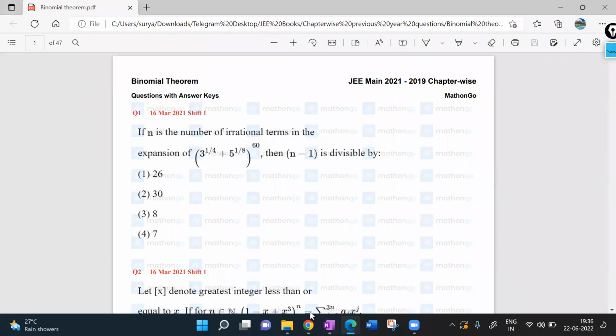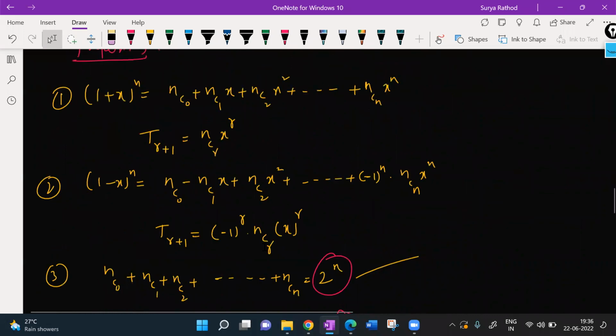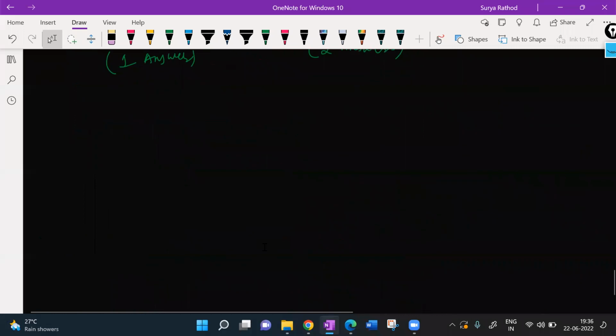Sir, there is a power cut, sir. So from which point you didn't listen? Sir, from the properties first point. From the properties first point, I have just gone through this. See, whatever you missed, please go through the recording. You do one thing now. Okay, sir. We will just go through the questions. Okay. All right. Okay, sir.